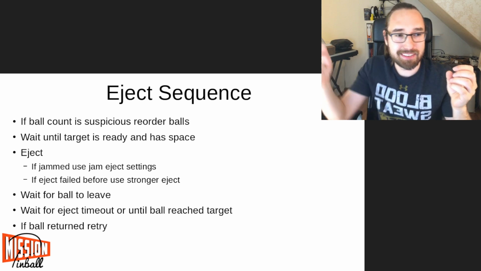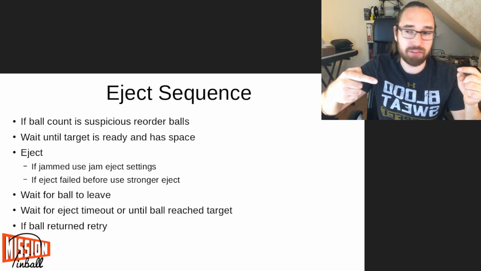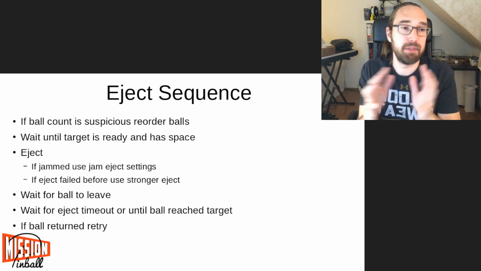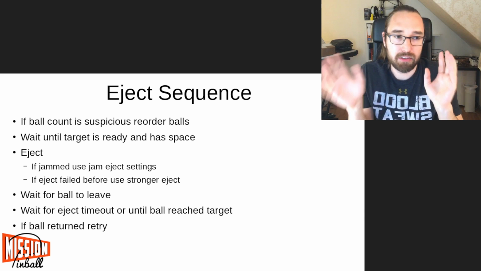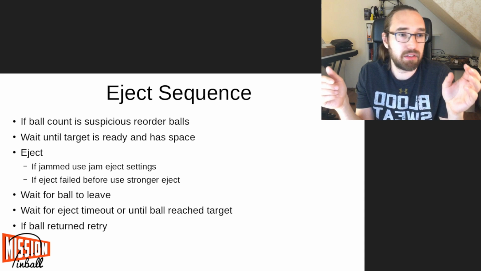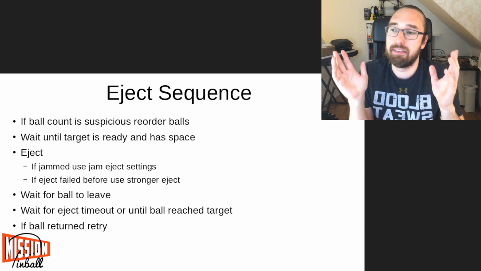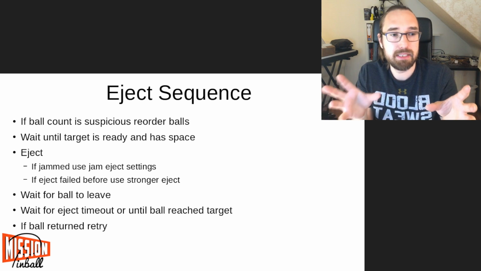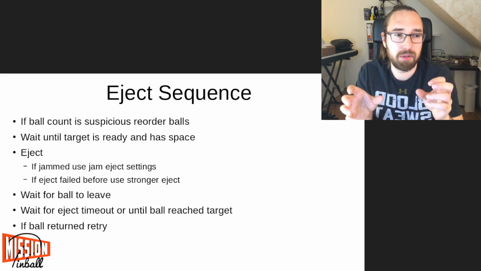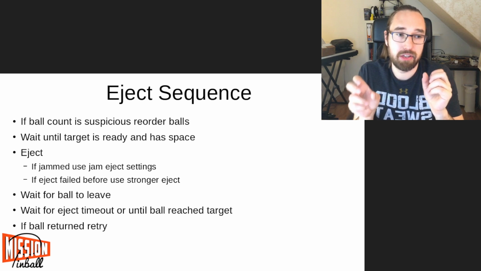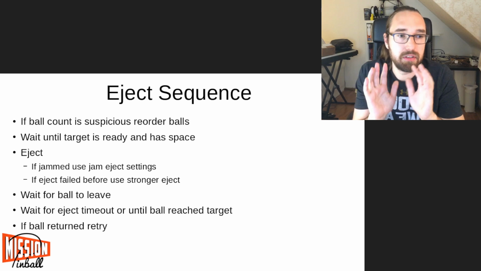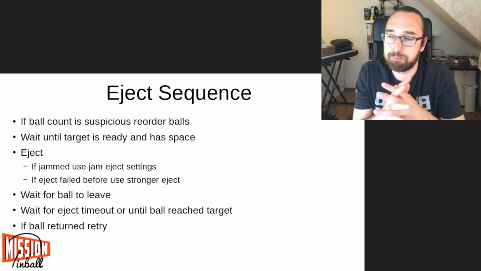Because then the last ball will hit it from the back, and at the same time you will eject, and then bad things will happen. Sometimes you will eject two balls, or the ball might not make it out at all. So that's the first thing MPF does. It makes sure the count is stable. That means the switches didn't change for, by default, 500 milliseconds. You can tune that time, but that's often a good default.